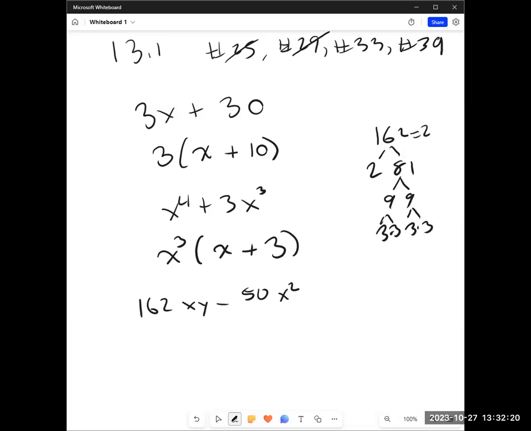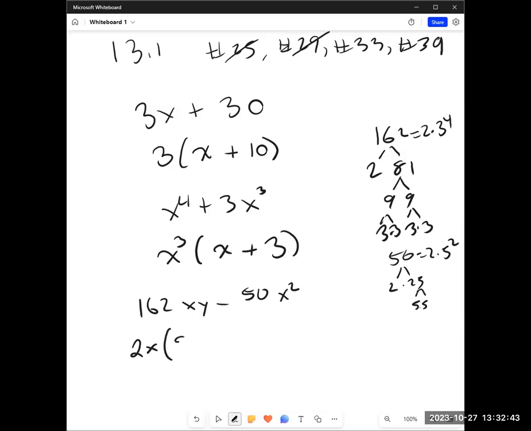Okay, so 162 is 2 times 3 to the fourth, and 50 is 2 times 25, which is 2 times 5 squared, so the numerical GCF is just 2. I just wanted to make sure that there wasn't anything else hiding in there. And there's a variable part of x.